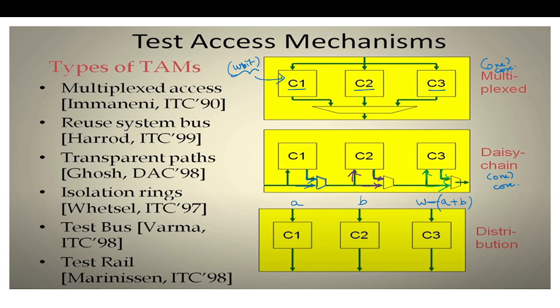If the testing is not exceeding the given power budget, then the cores C1, C2, C3 can be tested in parallel. So here multiple cores can be tested in parallel.